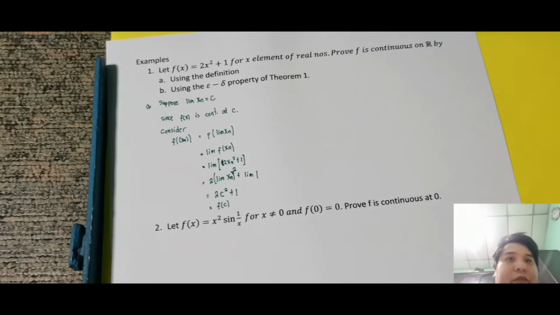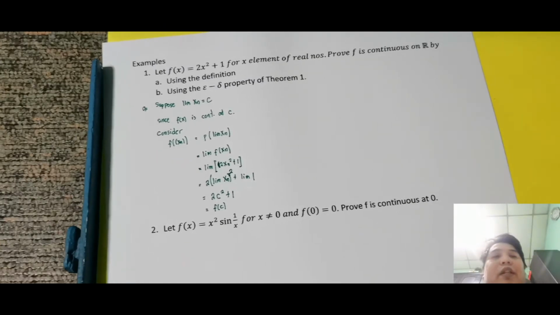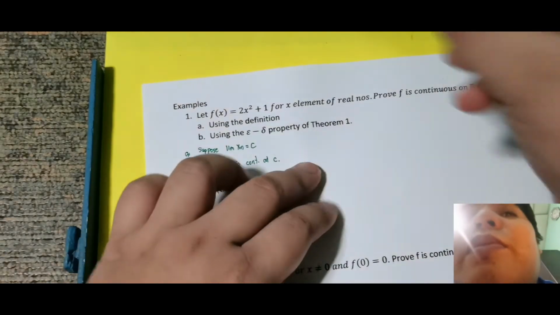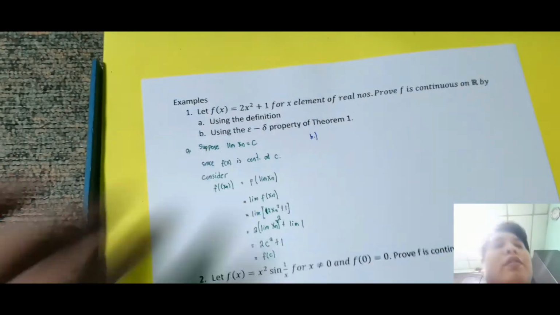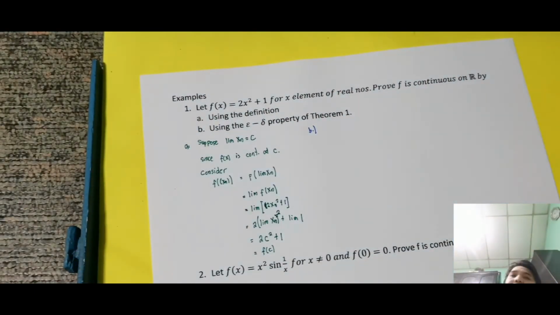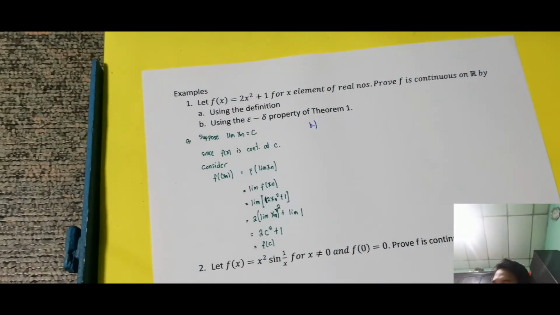Next, for letter B, we use the epsilon-delta property of Theorem 1. How do we do letter B? Let epsilon be greater than 0, because that is the assumption.